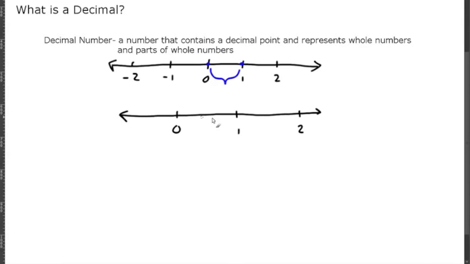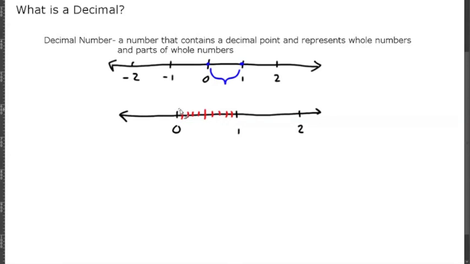These numbers between 0 and 1 can be broken up even more. So let's say we break them up into tens: 1, 2, 3, 4, 5, 6, 7, 8, 9, and then the 1 will be 10. So these are broken up into something we like to call tenths.